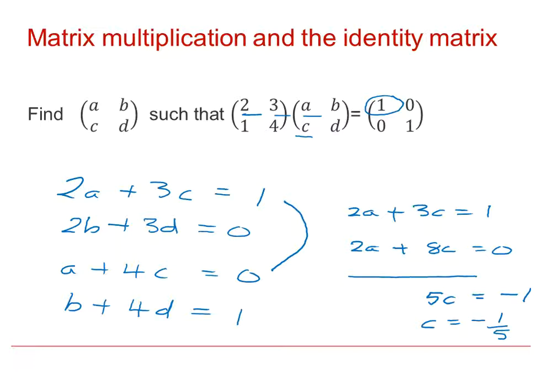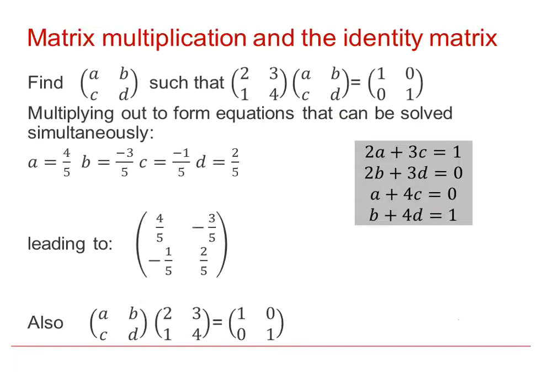We can do similar calculations to find the values of a, b and d. These values turn out to be that a equals 4/5, b equals minus 3/5, and d equals 2/5, thus leading to the matrix 4/5, minus a fifth, minus 3/5, 2/5, as shown here.